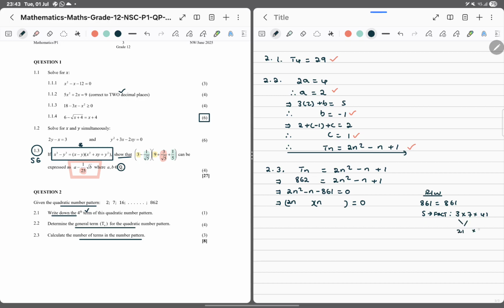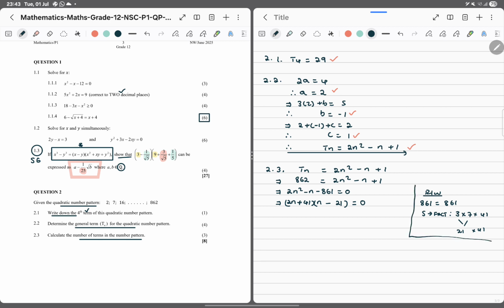We get 21 and 41. We know 21 times 2 will give us 42, minus 41 will give us 1. So we see that that should be 21, and this should be 41. Now the one that is going to be big eventually should have the sign of the middle term, whereas that one will carry the opposing sign.